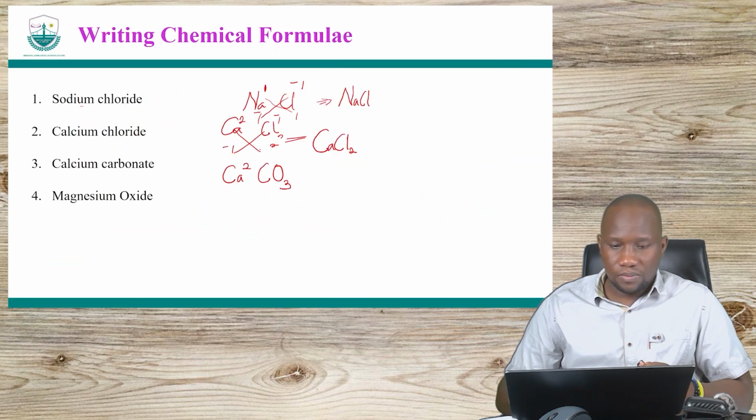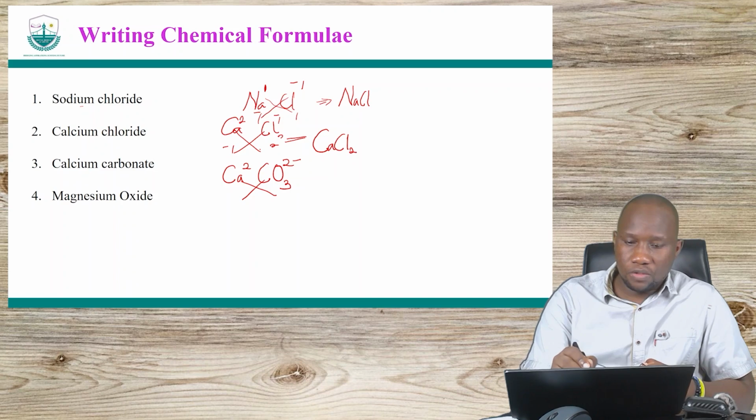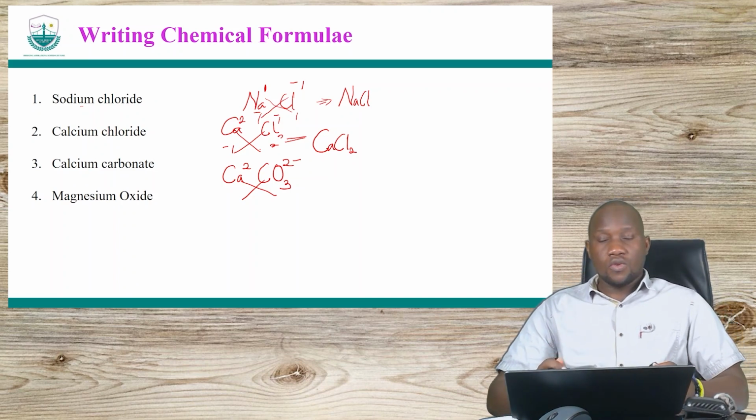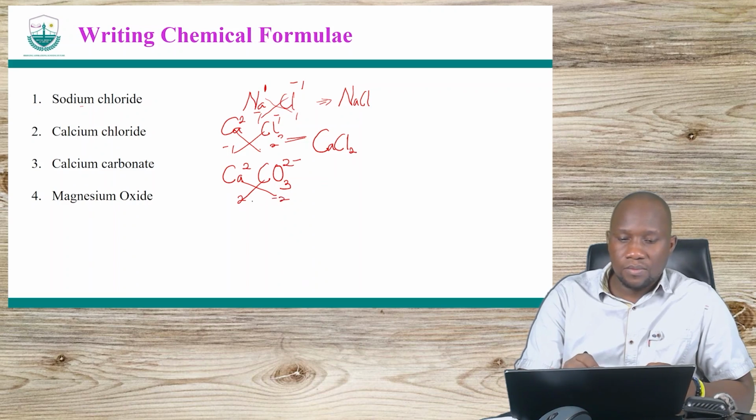So move down. Interchange. When we interchange, we get a 2 here, and then a 2 here. These ones basically cancel out. Okay, they cancel out. What does this mean?